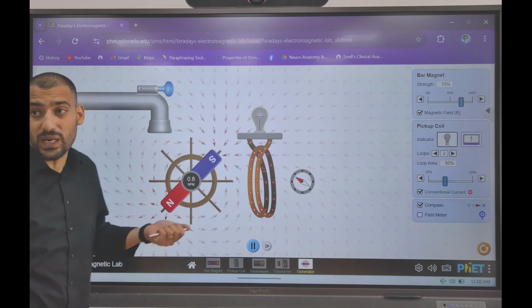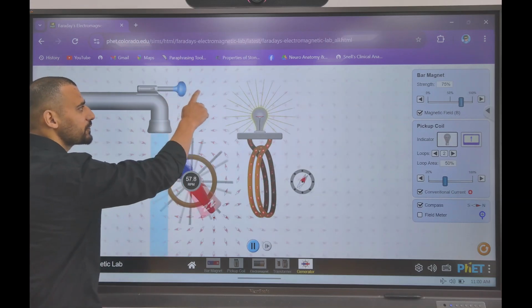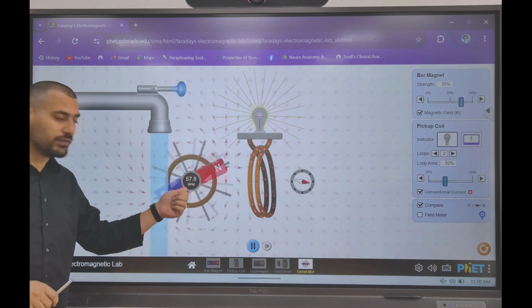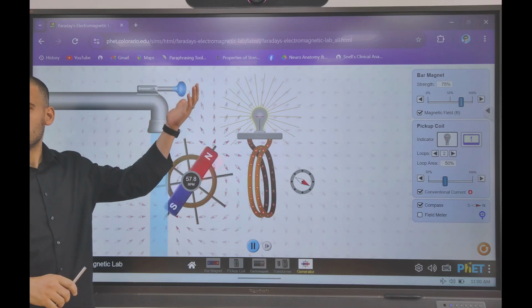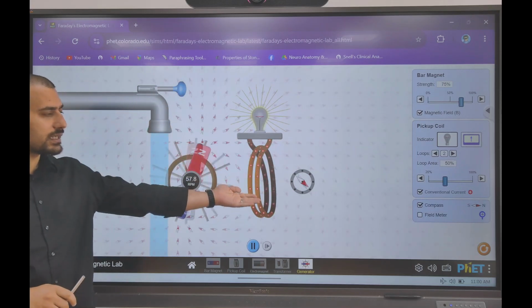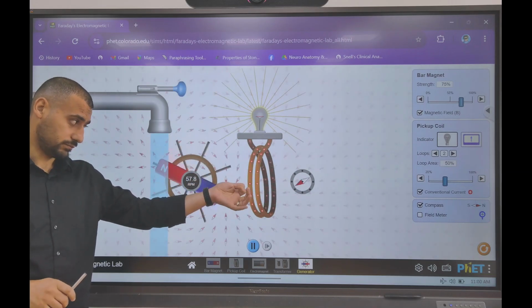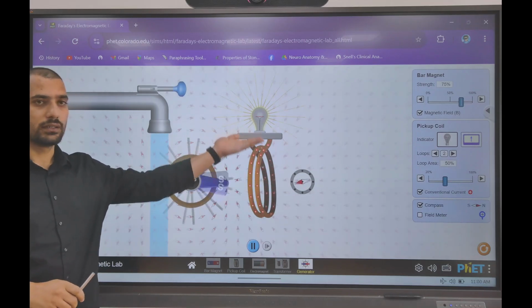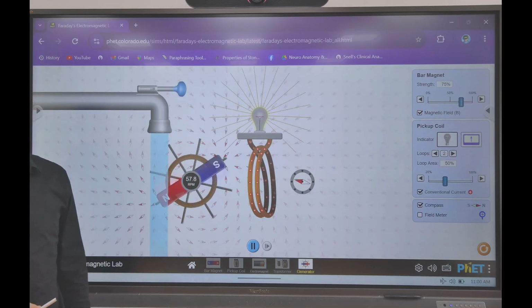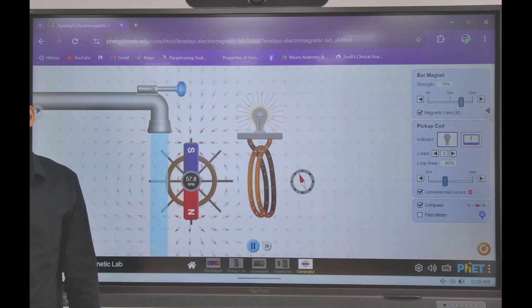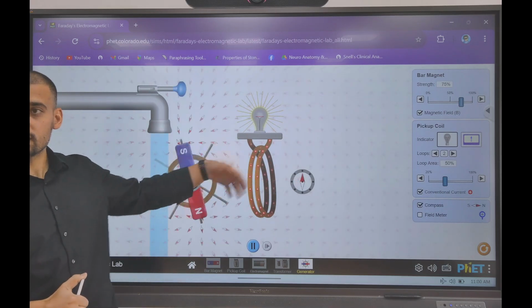It's not bright. But if the water is flowing at high speed, the frequency, 57.8, has increased. When the frequency has increased, more current is flowing in this loop, and due to that, the bulb is glowing very bright. Do you understand the concept now? Do you understand how this is being done?